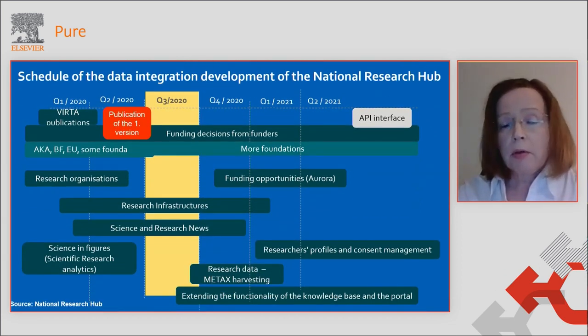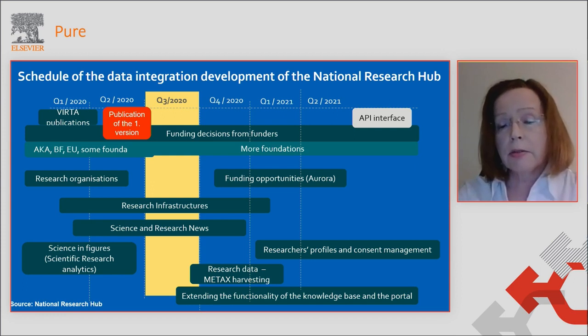This schedule describes the data integration development of the hub. As you can see in the picture, the implementation of the hub is an enormous effort of different partners. The data is integrated from the different sources. For instance, publication data is integrated from the National Virta publication register, which already exists.